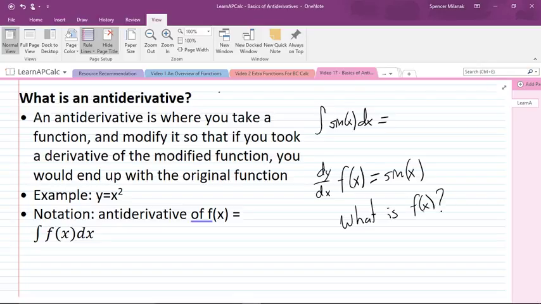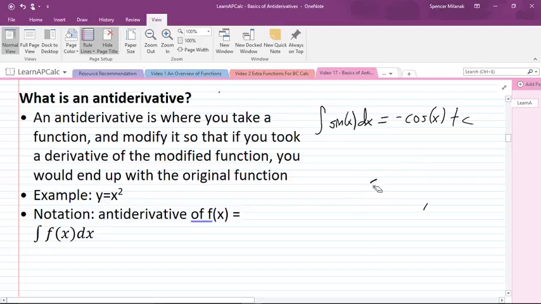But for now, let's just think about it. What derivative will give us sine? Well, the derivative of cosine is negative sine. So negative cosine will give us that. And then we also add in this plus c, which is just some arbitrary constant that can be anything.